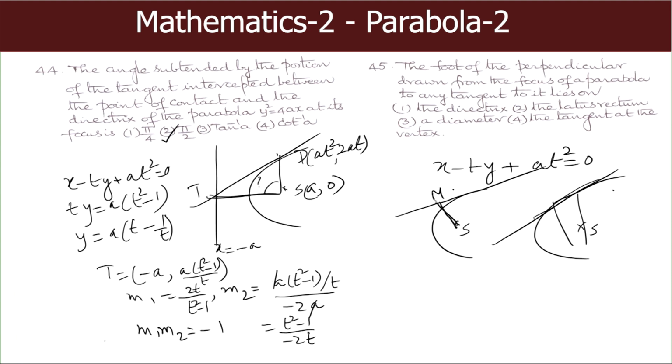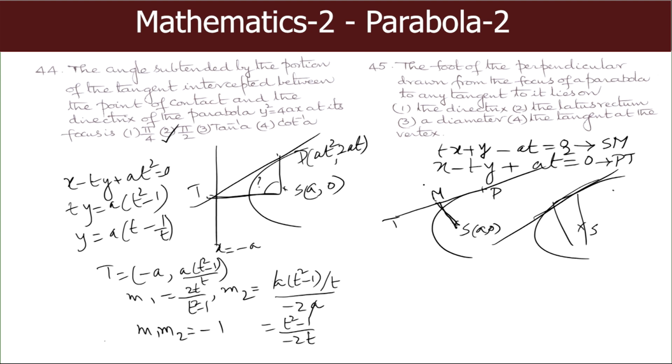So what is the equation of SM, perpendicular to this? tx plus y, it passes through a, 0: tx plus y equal to at, or minus at equal to 0. This is SM.